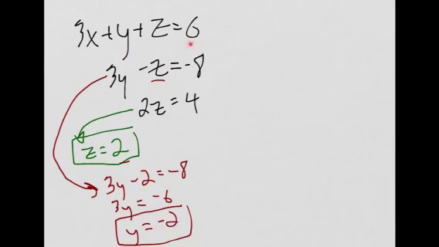So the last one I'm going to do is find out what x is, and I'm going to use this equation right here. Notice I got z here, and I know that z is 2. I also have y here, and I know that y is negative 2. So what I'm going to do is take this and write it as 3x.